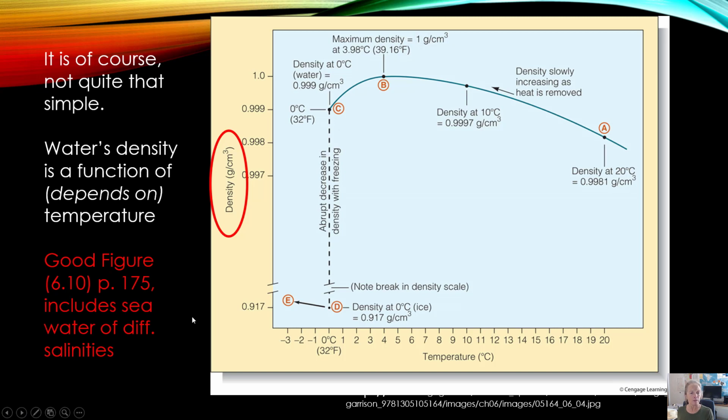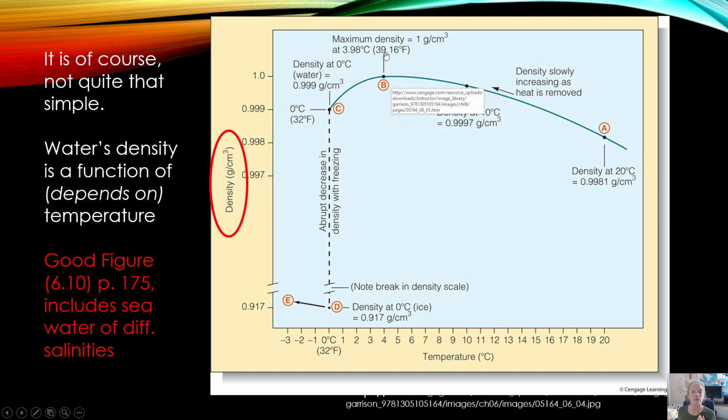But let's just go through this, all right? On the left-hand side here, on the y-axis, we have density in grams per centimeter cubed. So basically, how heavy is it, all right? And we're just talking about fresh water here, okay? So we know now that fresh water has different density. We know it's 1 gram per centimeter cubed at 39 degrees Fahrenheit. Do we have that on here? No, we have it in Celsius.